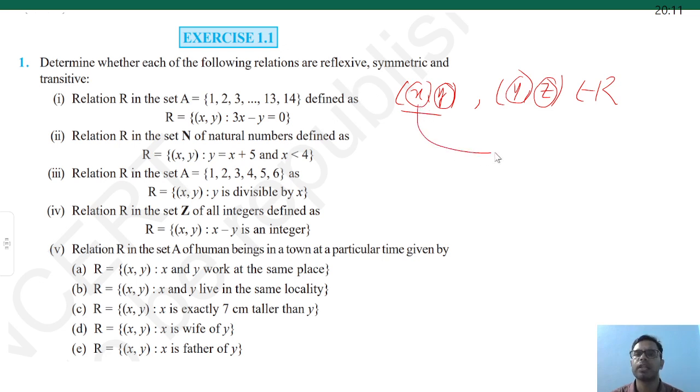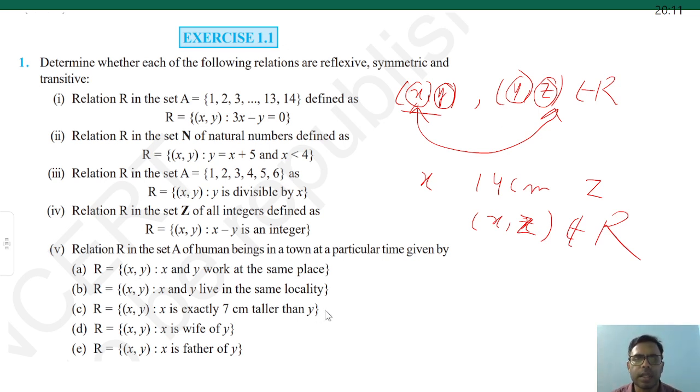Then what is the relation between x and z? The relation between x and z is x is 14 centimeter taller than z. So xz is not in R. So R is not transitive. Okay. So this is neither reflexive nor symmetric nor transitive.